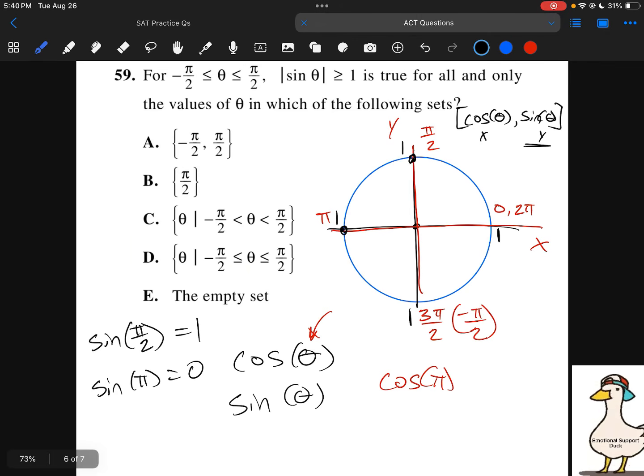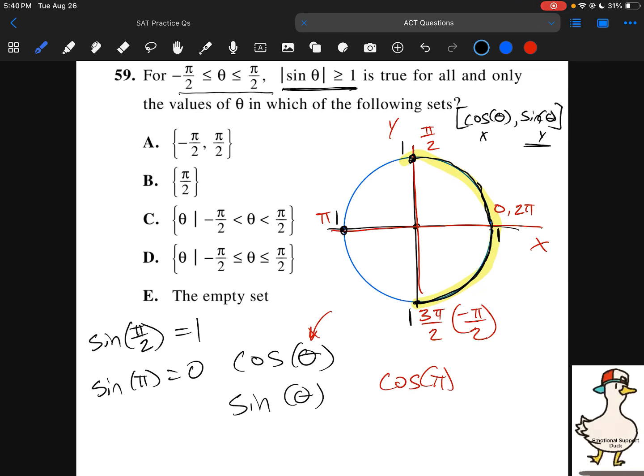It's saying for this question, from negative pi over 2 to pi over 2, so from this area only, when do we have the absolute value of sine of theta greater than or equal to 1? Well, we know that this is 1, and everything beneath here is going to be less than 1. But since it's asking for the absolute value, negative 1 is also 1, which means moving up along here everything's also going to be less than 1.